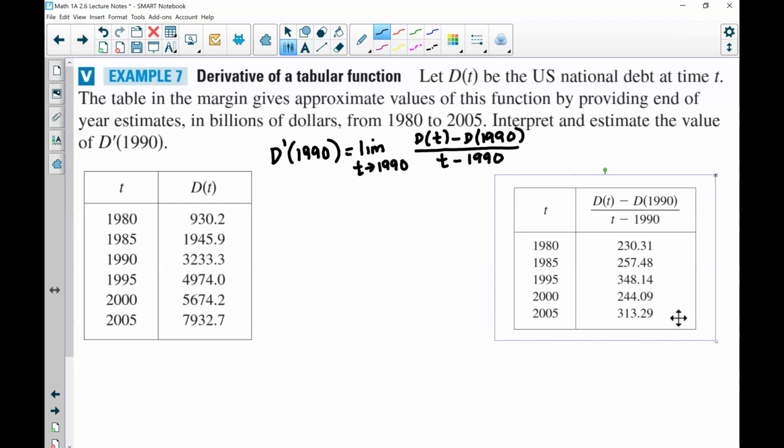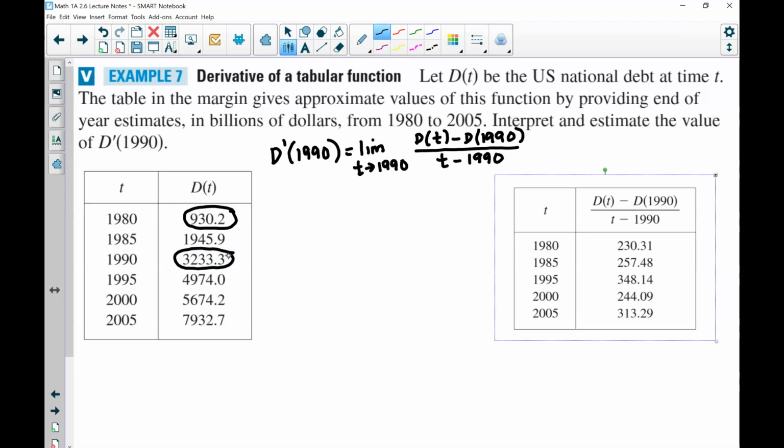Okay, so let's take a look at these two values here. Let's say that we want to look at 930.2 and 3,233.3.